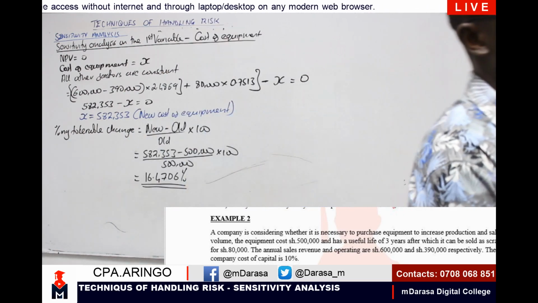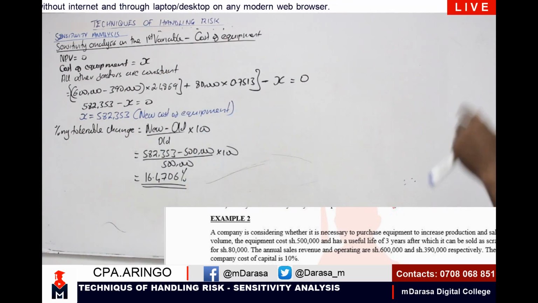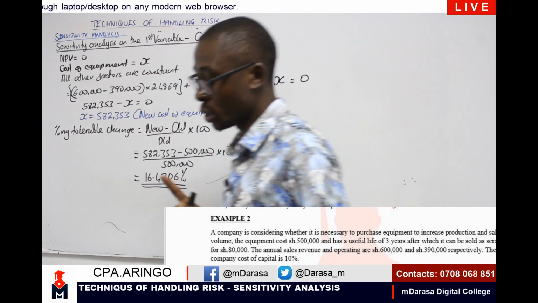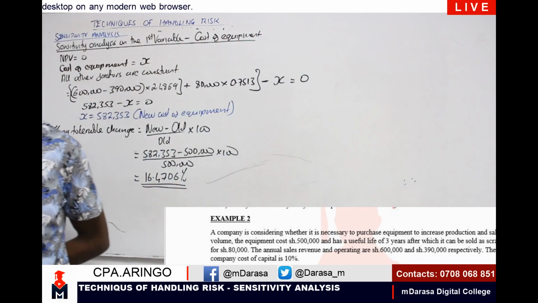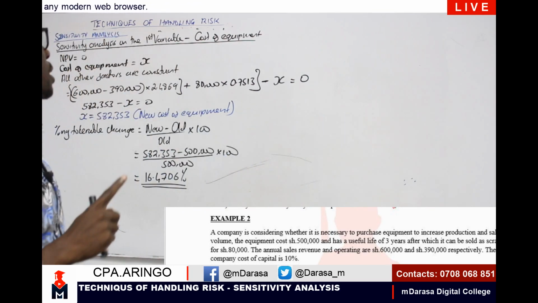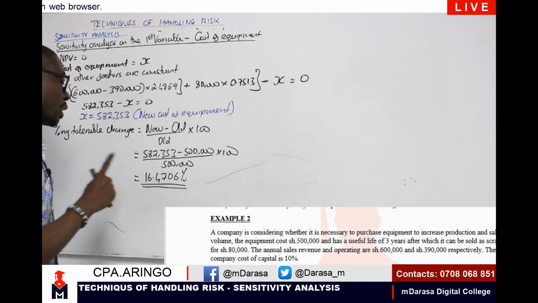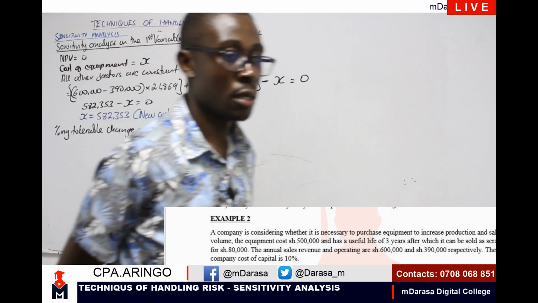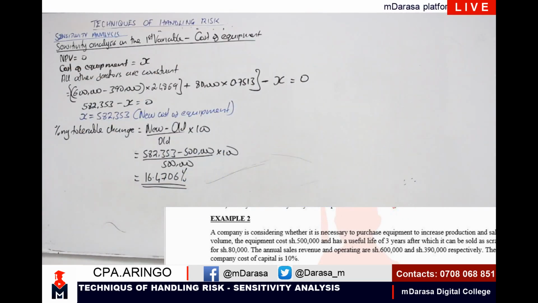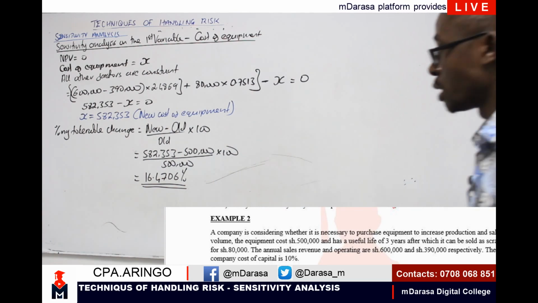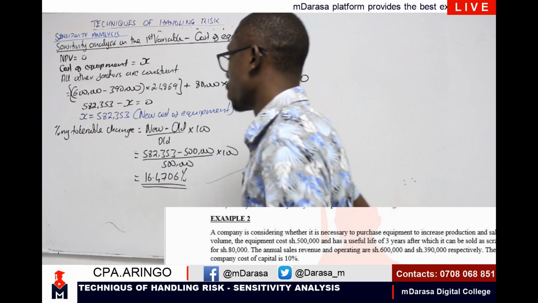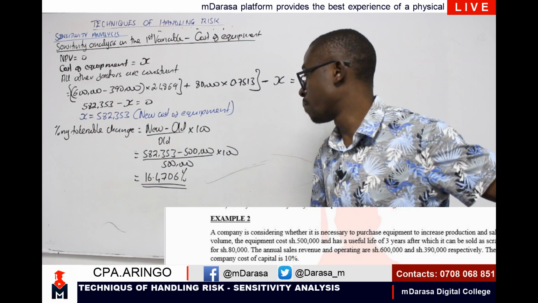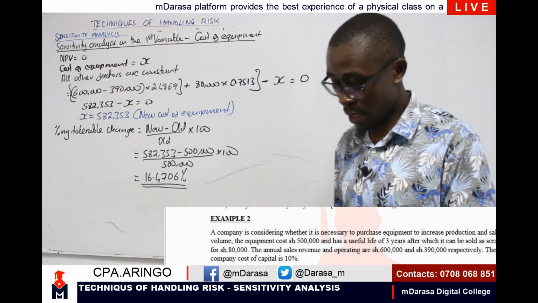We can clearly say that for this project to be rejected, the cost of equipment should increase by more than 16.4706%.